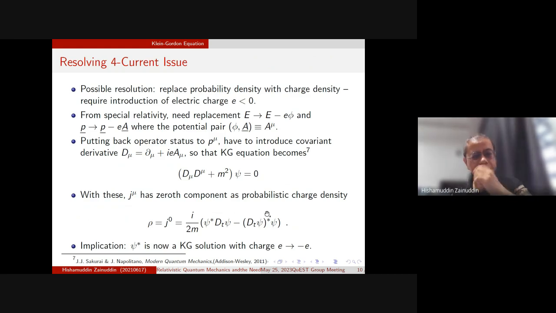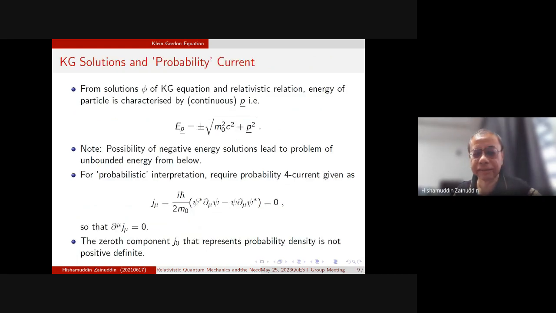This is not quite as neat, and you can go much more rigorous, I suppose, but it's a way to resolve this issue. For the other issue mentioned before, the negative energy solutions, we have to wait until the very end, because it will be a sequel to other things.